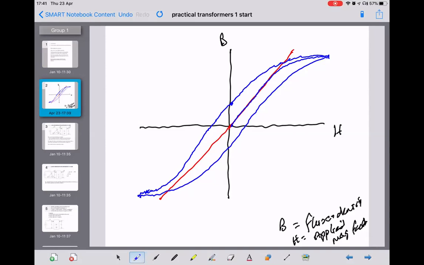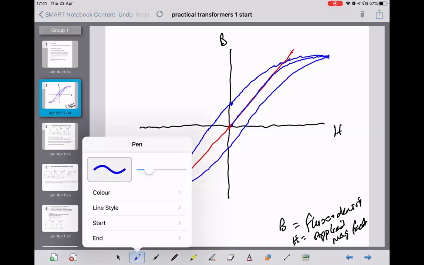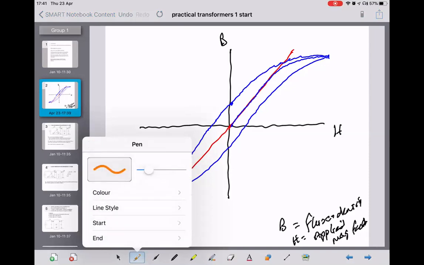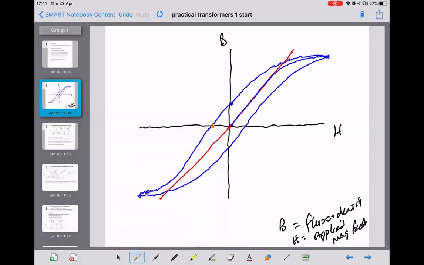There are a couple of terms I'll make you aware of. The force between there and there is called the coercive force.